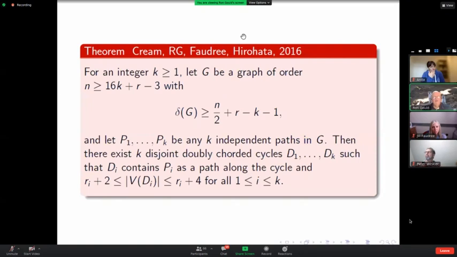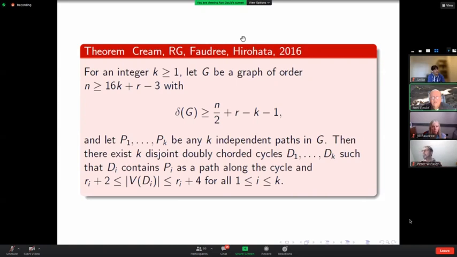Now with Cream, Faudree, and Hirahata, we were able to show that if n's big enough, and I have a minimum degree n over 2 plus r minus k minus 1, and I let P1 through PK be any k independent paths in G, then there exists k disjoint doubly chorded cycles D1 to DK, such that DI contains the path PI as a path along the cycle, and the cycles themselves are bounded in order between Ri plus 2 and Ri plus 4 in size.